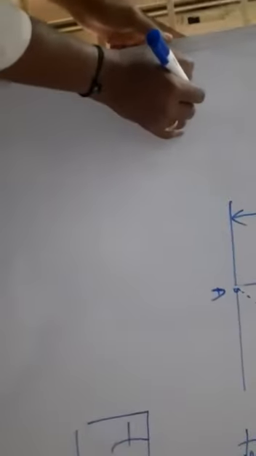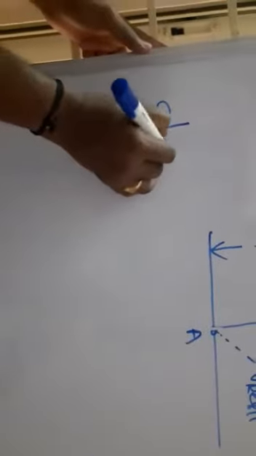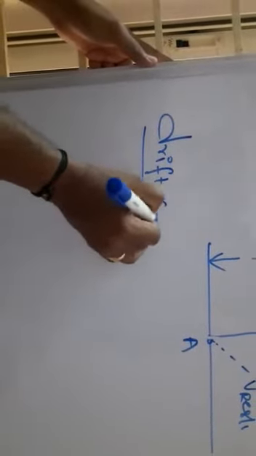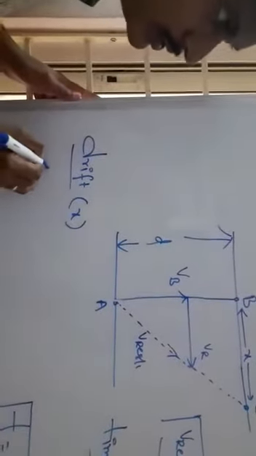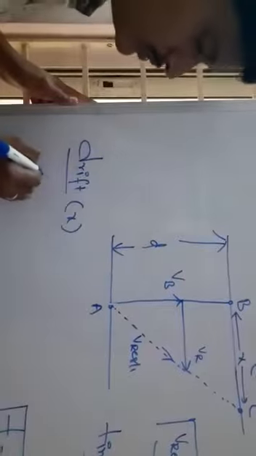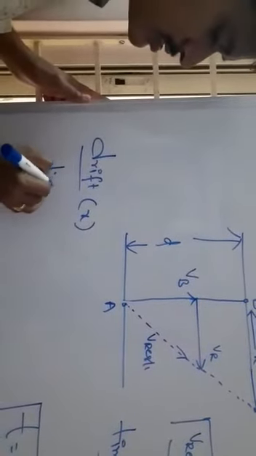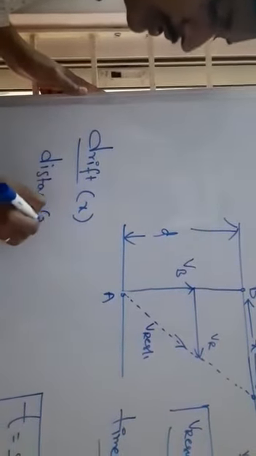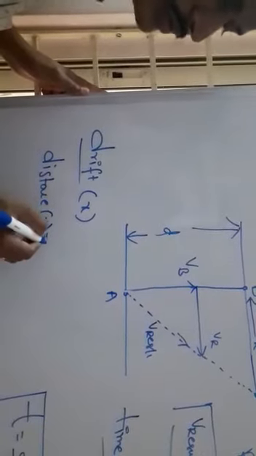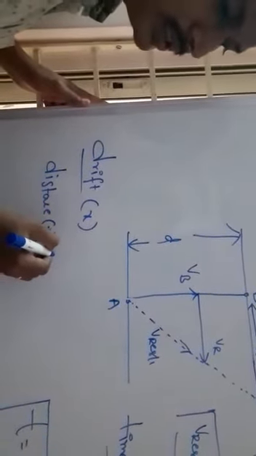Third condition, drift. Drift means the additional distance covered on the second bank of the river. Drift is equal to distance, and distance is equal to velocity into time.